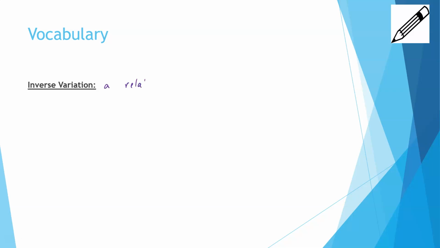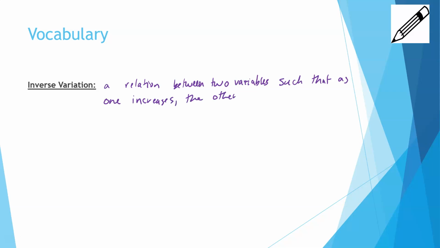So once again, a relation between two variables such that as one increases, the other decreases. But a hugely important word is proportionally. We'll talk about what that means as time goes on.